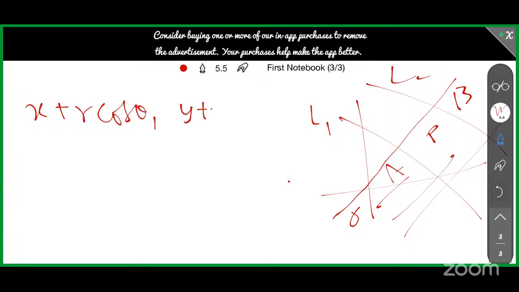I can take x plus x1. Okay. X and Y is okay. What about this r?